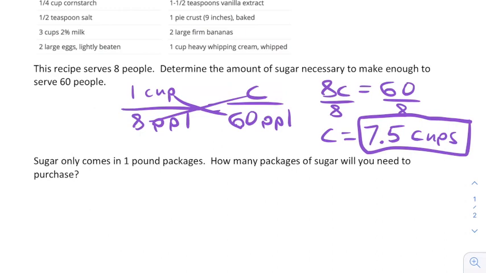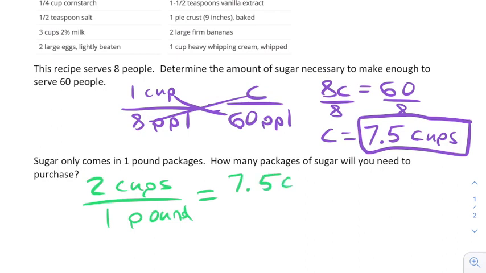So after a Google search, I learned that there are 2 cups of sugar per 1 pound. So if I want to find out how many pounds 7.5 cups will be, I'll set up another proportion.